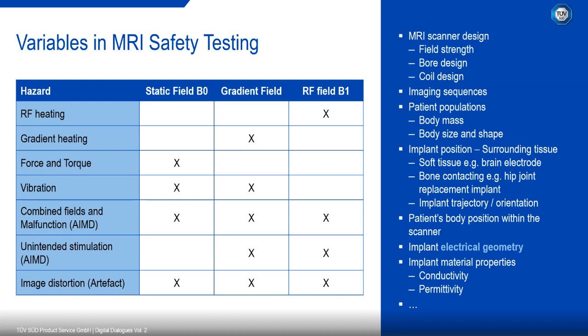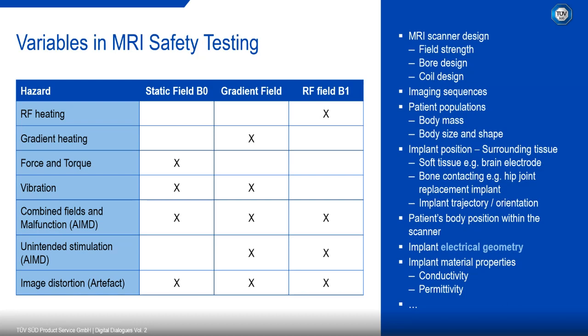Implant position or surrounding tissue. If there is soft tissue around the implant, like brain electrodes, or there is bone contact, for example, hip joint replacement implants, and implant trajectories and orientations. Implant trajectories are mostly applicable to active implants with leads.